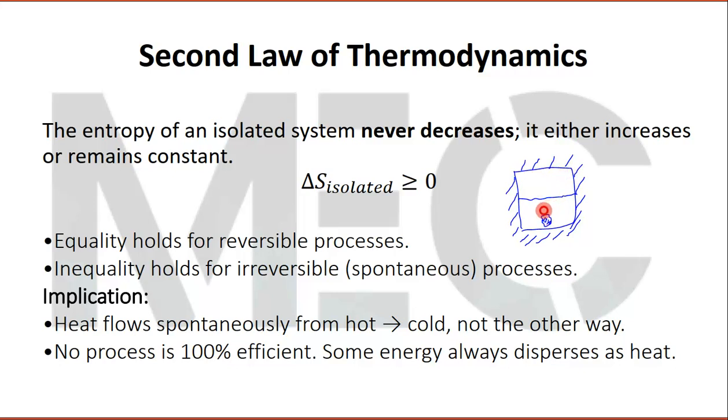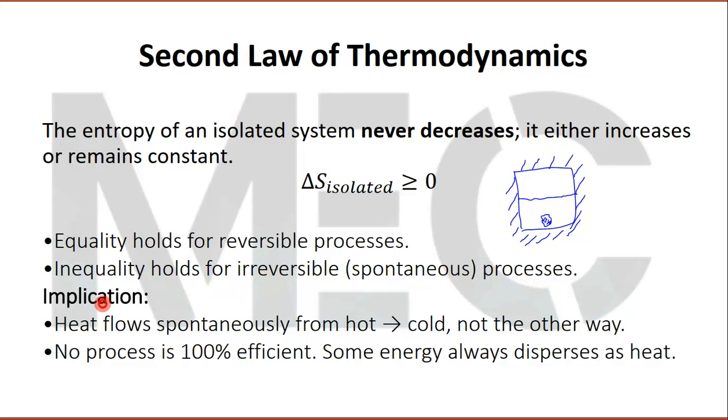It is an isolated system. Inside the isolated system, we can say for sure delta S of this system is greater than or equal to 0. Equality holds for reversible processes, and inequality holds for irreversible or spontaneous processes. We'll talk about what is a reversible process and what is an irreversible process in the upcoming slides, of course.